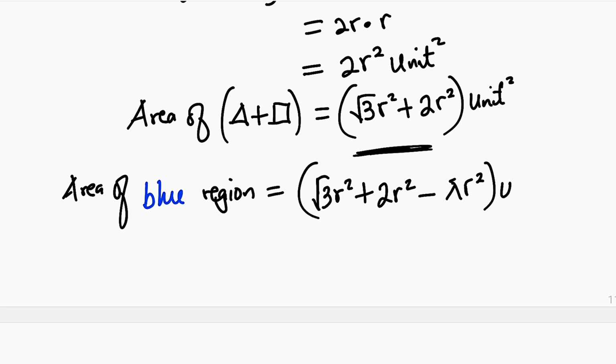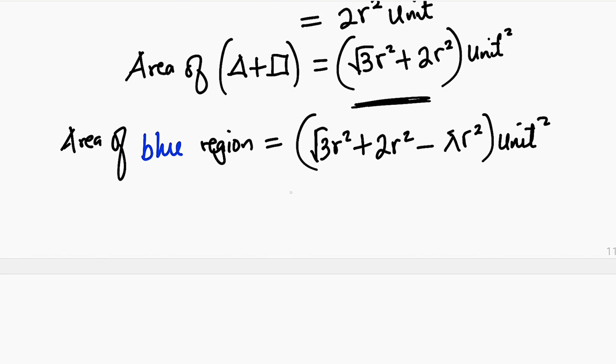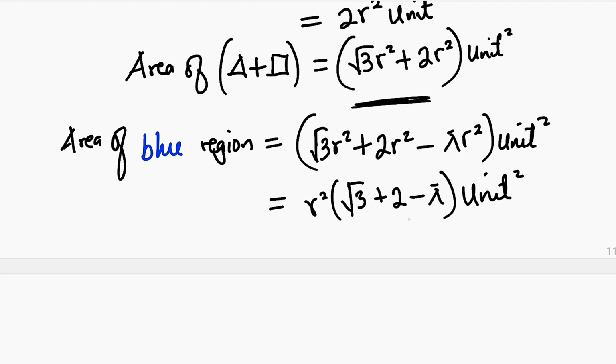All of this unit squared. And we can even factor out r squared because all of the 3 terms contain r squared. So we have r squared multiplied by root 3 plus 2 minus pi unit squared. So this is the area of the blue region in terms of r.